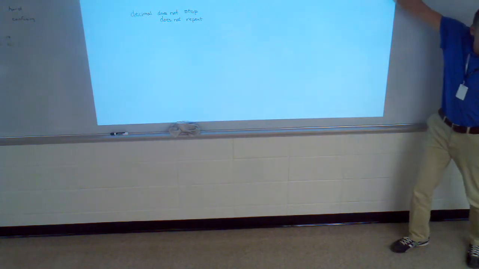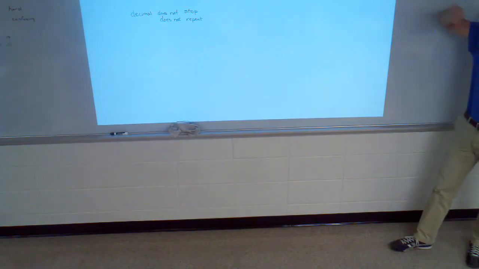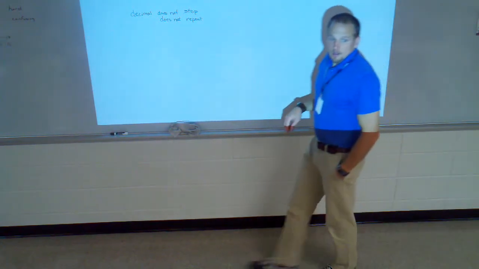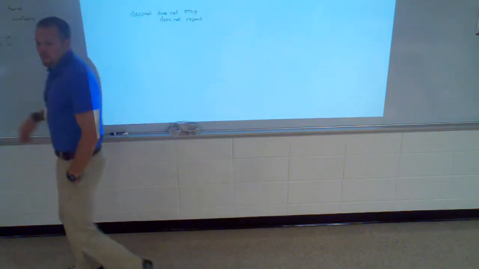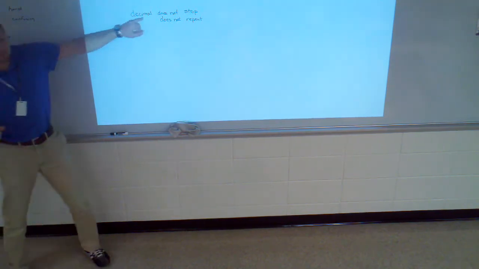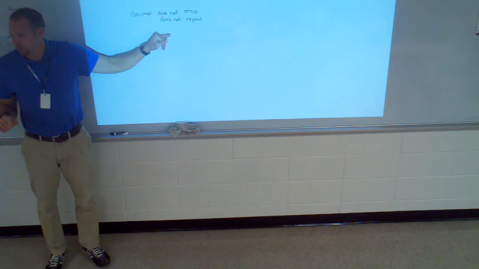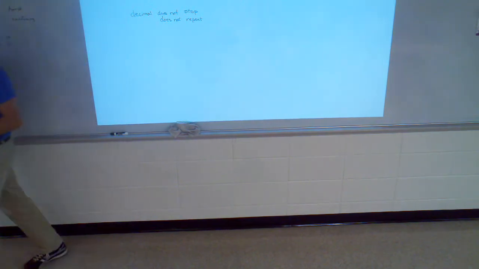So this is a rational number. Yes, sir. I thought it was rational, but just the line on top. You can always put a line on top. If it repeats, it is rational. Every number is rational unless it does not stop and does not repeat. Okay? Every other number is rational.